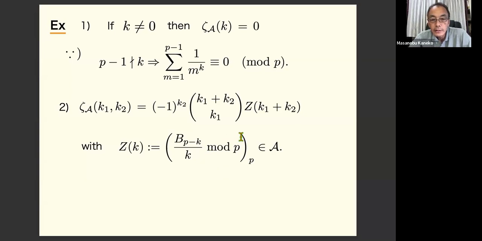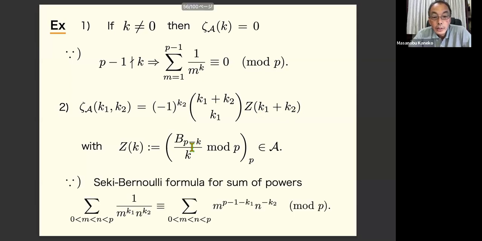So this gives a well-defined element in A by the Clausen-von Staudt theorem. This is p-integral for big p and k bigger than 1. So k is not 1. I forgot to write that. But this k_1 plus k_2 is bigger than 1 when the k_i are positive integers.